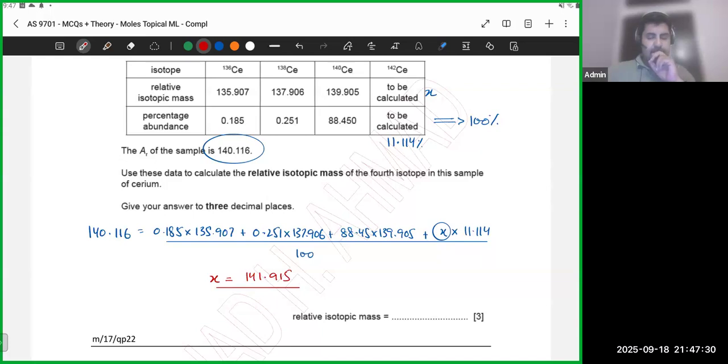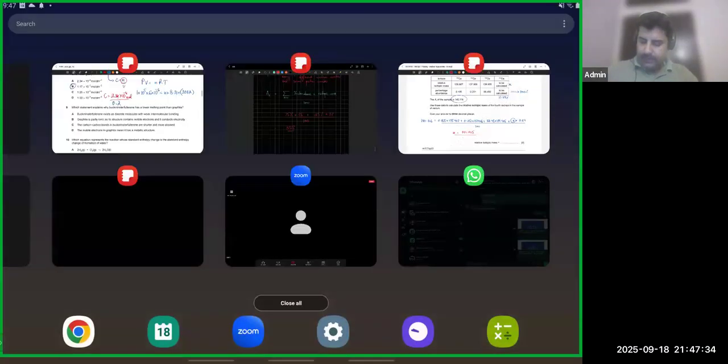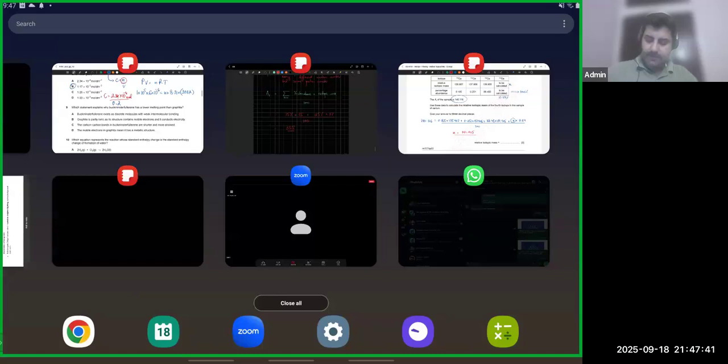Achha, now one thing about this one, I'm just going to tell you something which is not really directly related to this, but it's related to calculations. Okay, so some tips related to how you should solve the answer.